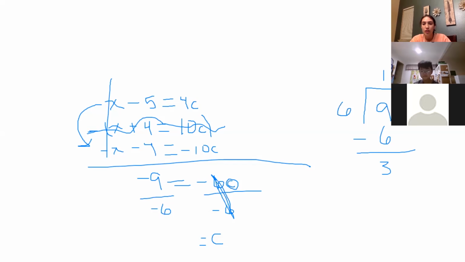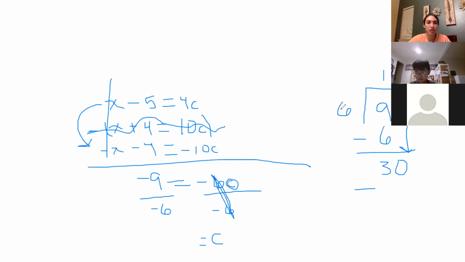So then we're going to bring down the 0. And now we have the number 30. So now we have to figure out how many times 6 goes into 30. And then you just keep subtracting until we get 0, but sometimes with harder numbers, it could go on forever. You could have 10 more numbers.